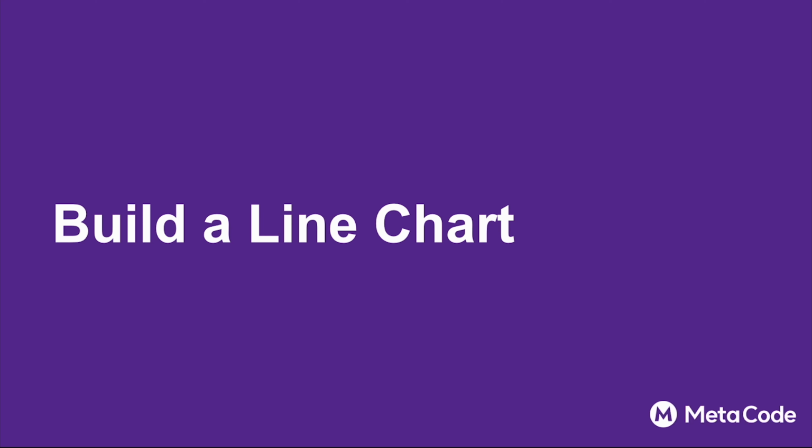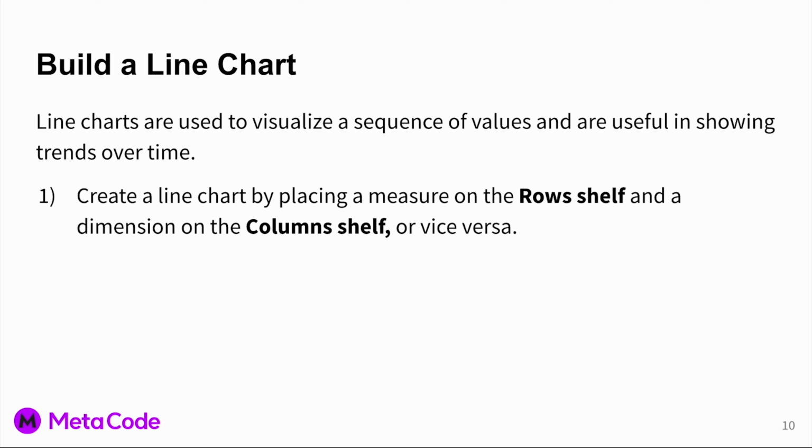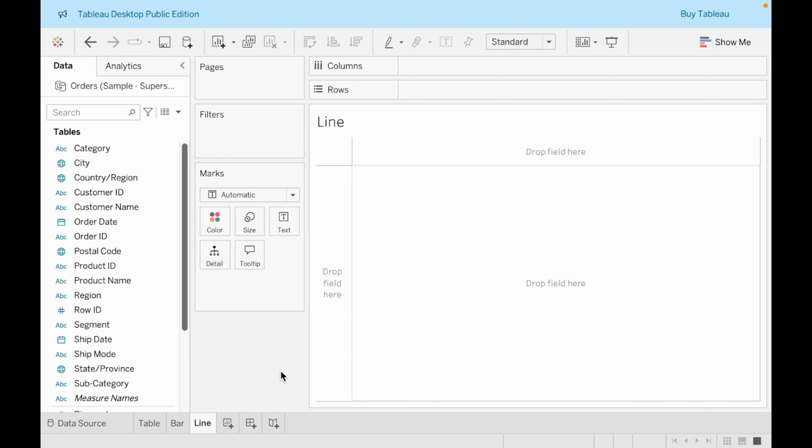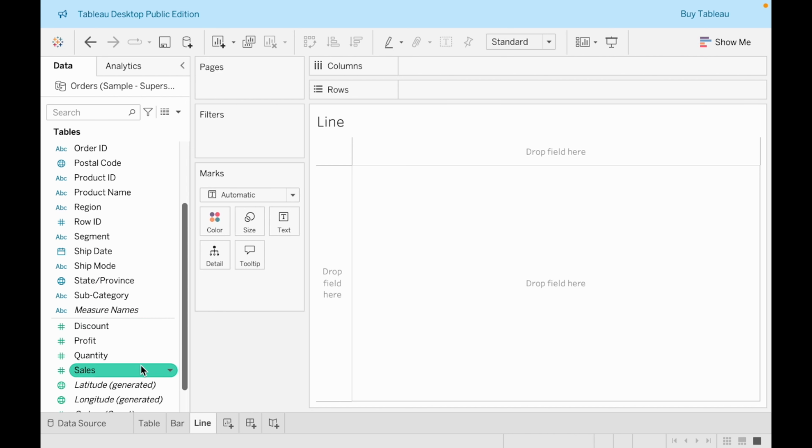Now I will go over how to build a line chart using Tableau. Line charts are used to visualize a sequence of values and are useful in showing trends over time. We create a line chart by placing a measure on the rows shelf and a dimension on the column shelf, or vice versa. I'm going to place sales on the rows shelf.